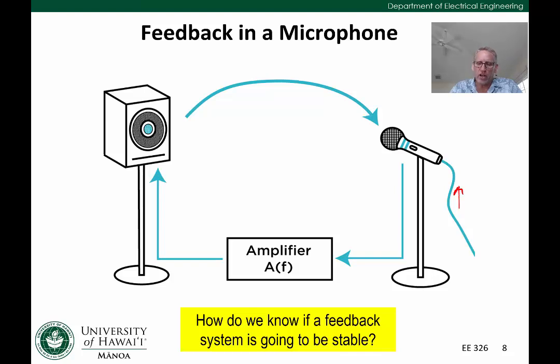The signal then gets amplified by an amplifier. The signal then goes up into a speaker somewhere so everyone can hear the person talking, but then some of that feeds back into the microphone and it forms this loop.